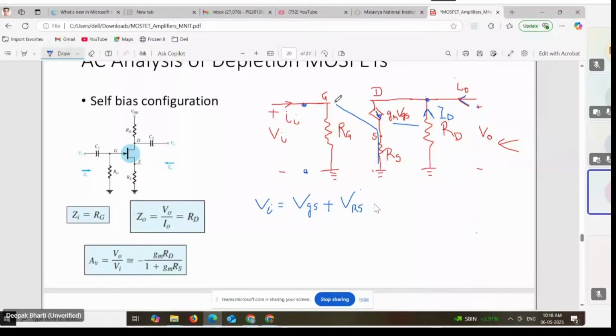So VGS becomes VI minus VRS. After that, what is ID? If I apply KCL here, ID is equal to gm VGS.